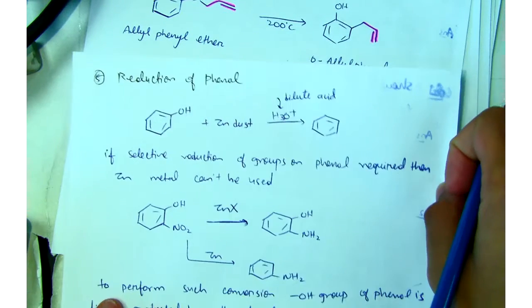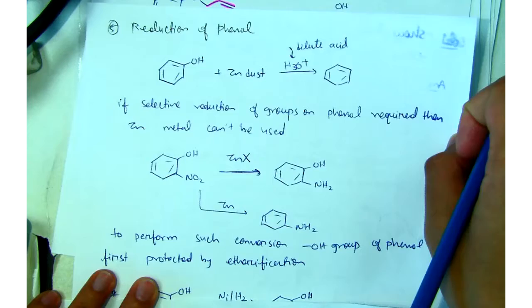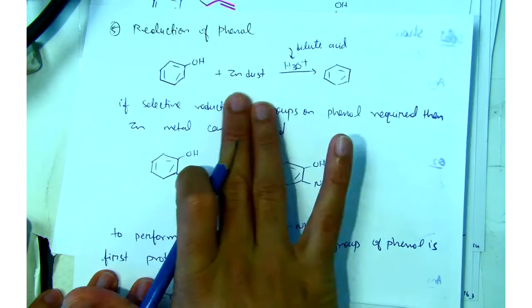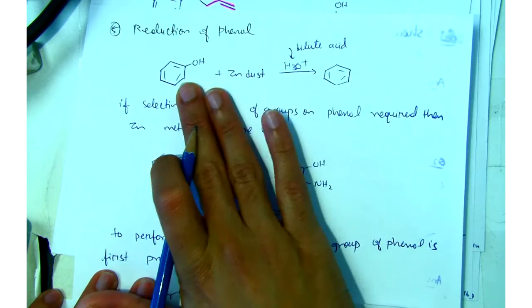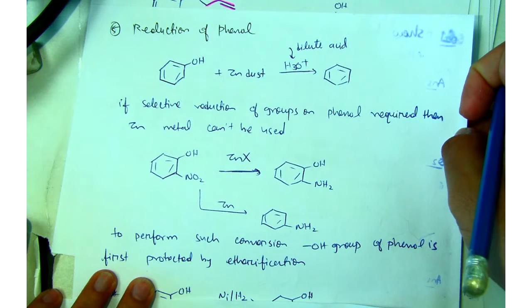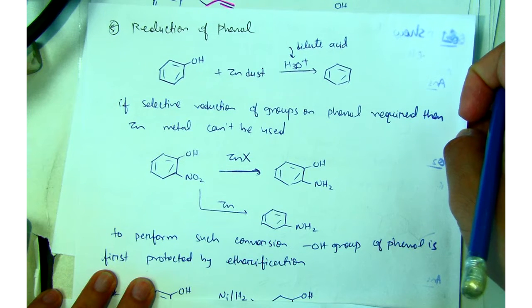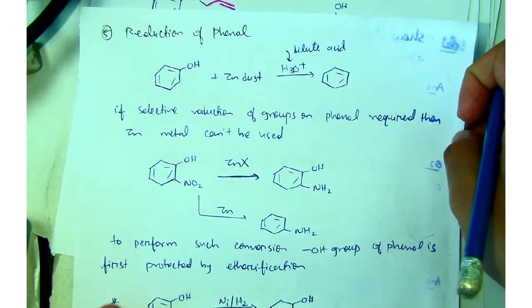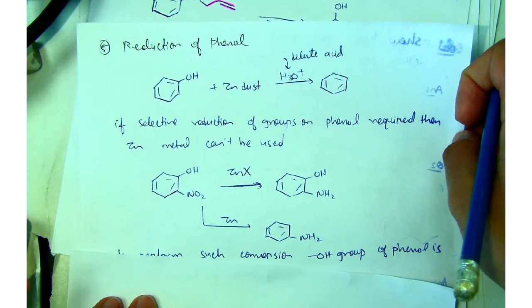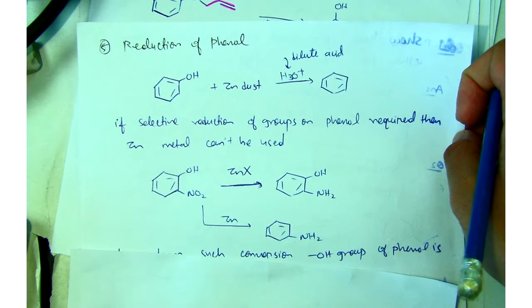Reduction also, this reaction I have given, actually this is preparation of benzene. You can use zinc dust and acid. So OH is removed and you get benzene. Okay, fine, that's enough.